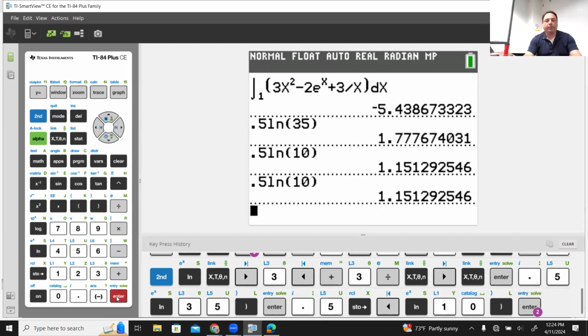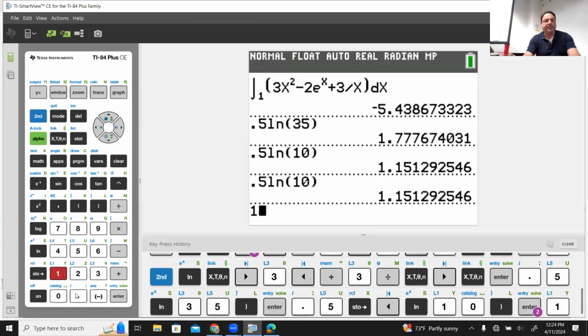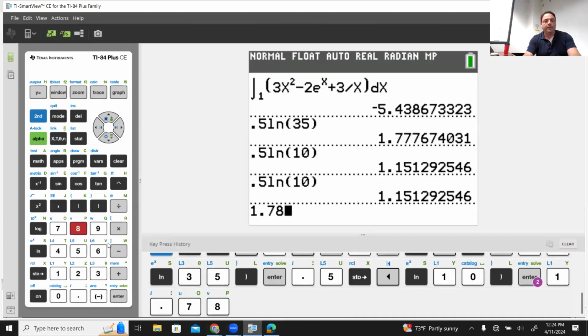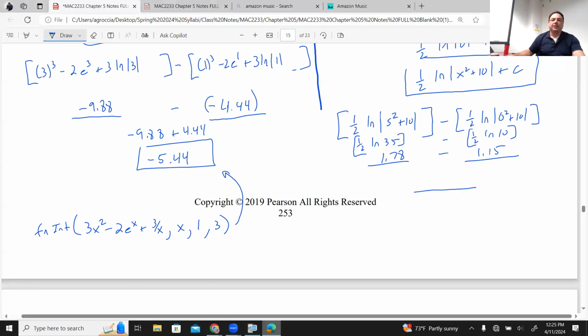That gives 1.15. You subtract them: 1.78 minus 1.15, you get 0.63. So when I go to the calculator, you should get 0.63.